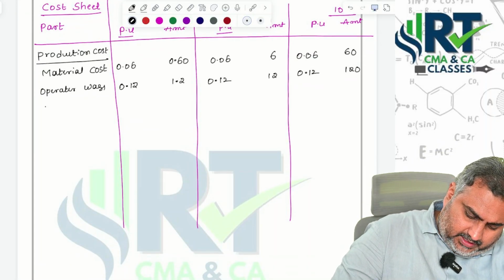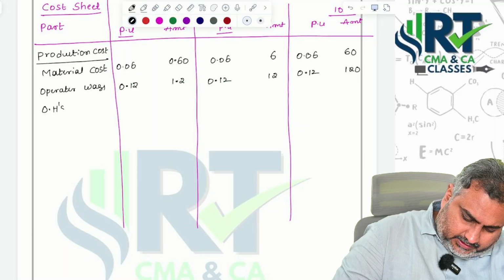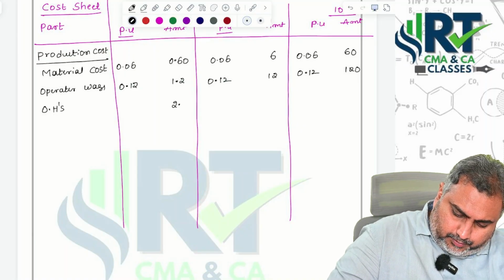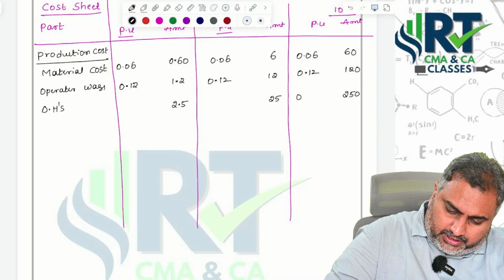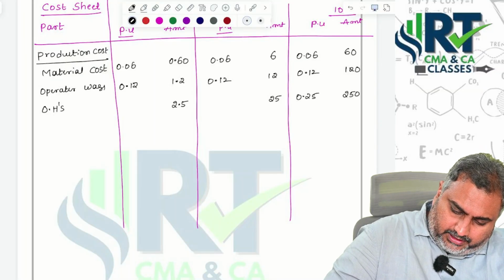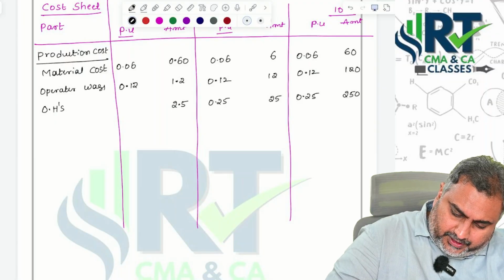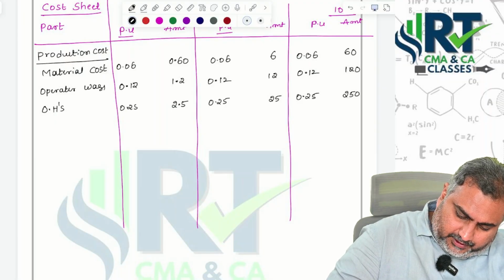Like that. Next, overheads. We got 2.5, 25, 250. So per component 0.25, 0.25, 0.25.